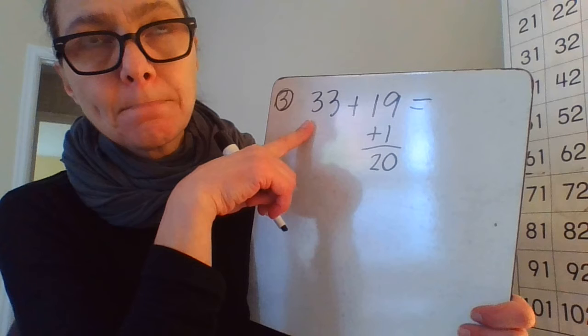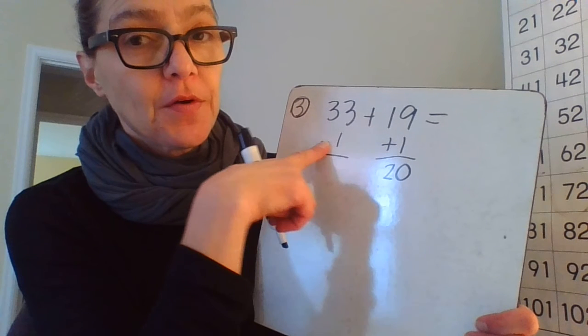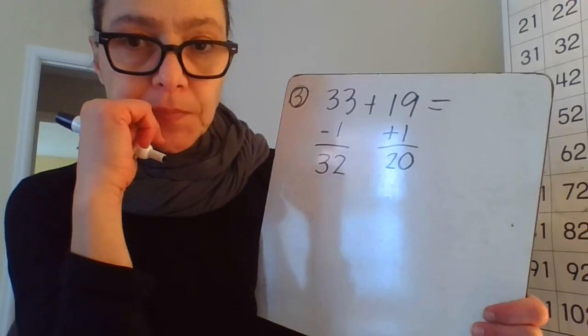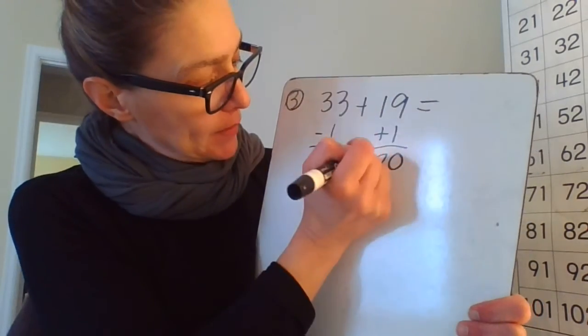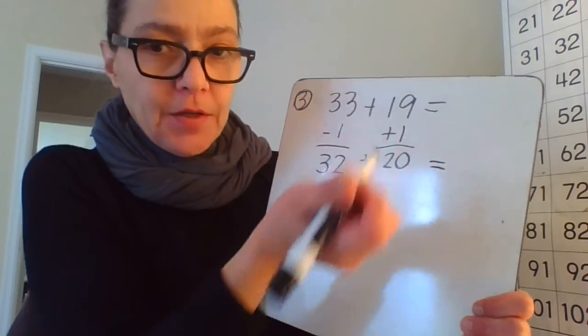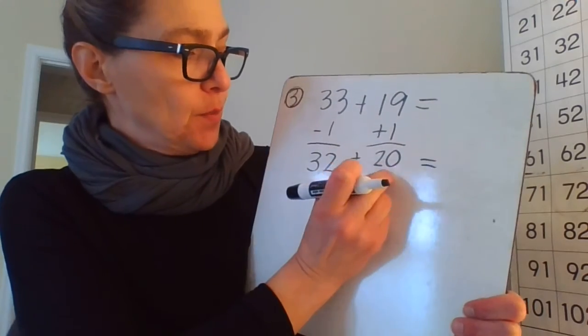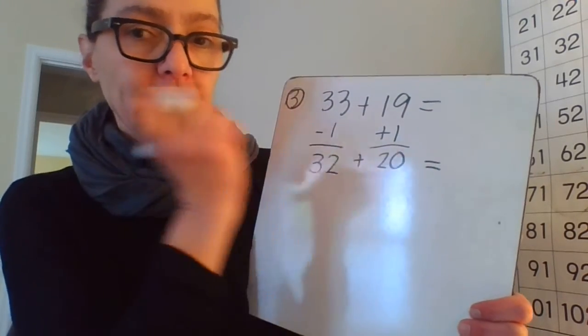That's correct. I have to move 1 from the 33. And then I have 32. I bring down my plus sign, and now you can add it, and it's a lot quicker to add because you put a 0 in the ones place value in the second addend.